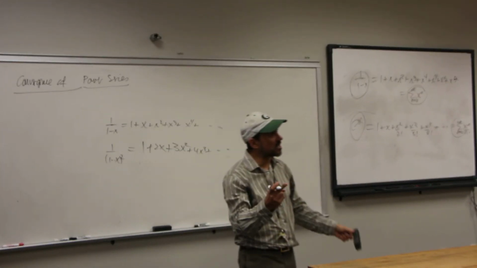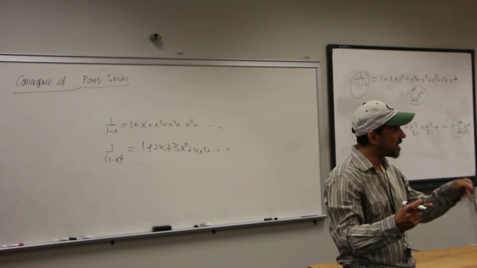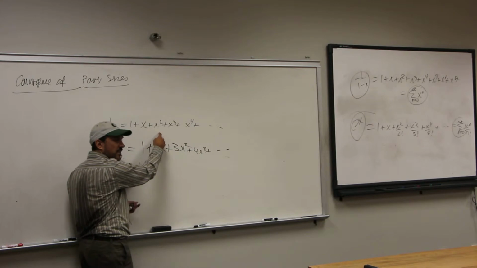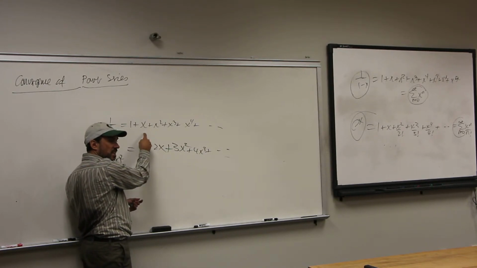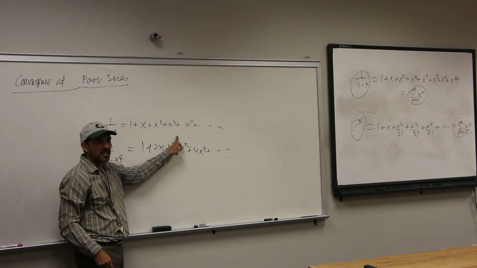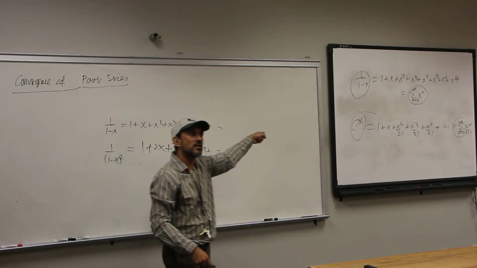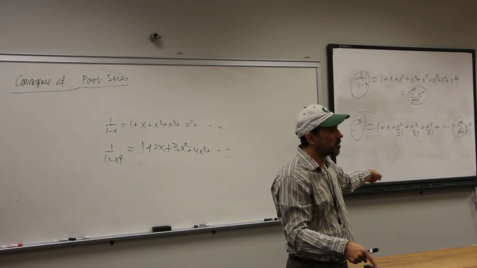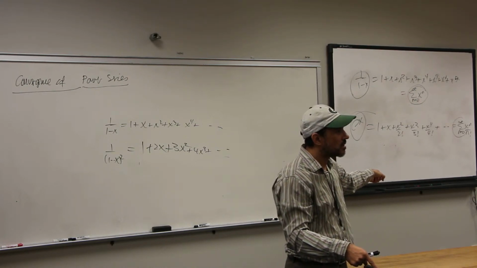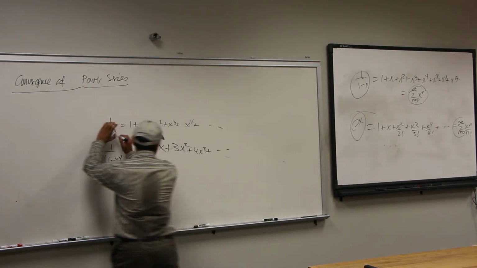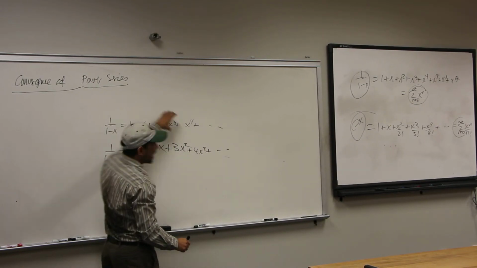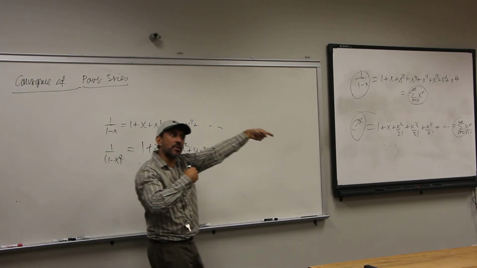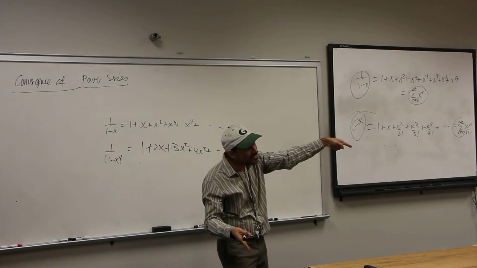And the question is, is this legitimate? No. It depends on x. Because if this is this, and if you differentiate this, then you can differentiate this. But what does it mean to differentiate this? It means add these all up and then differentiate. Who's going to be able to do that? No human being. You've got to add them all up and then differentiate.